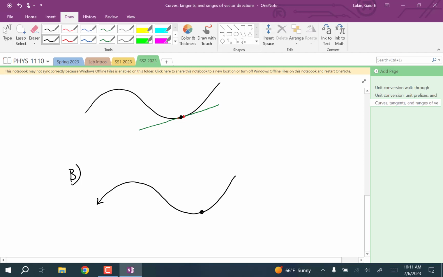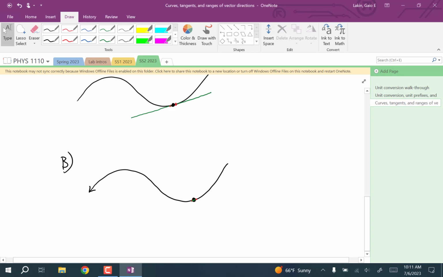Okay, so I'll choose the same point. And we're going to start by visualizing this same tangent. Okay, so there's the two nearby points, and then the tangent line is a continuation of that tiny little line I've drawn. But instead of drawing that line now, I want to draw the arrow that's parallel to that line and in the direction of motion.